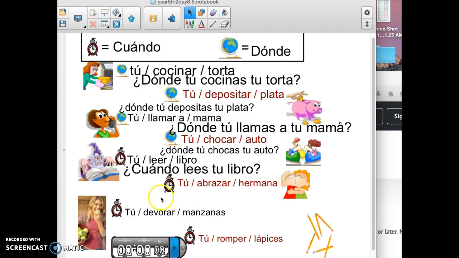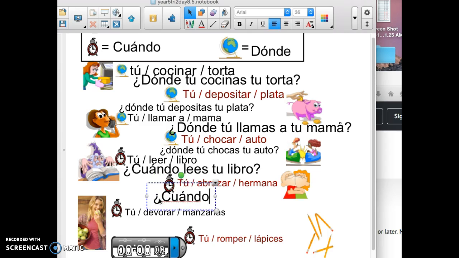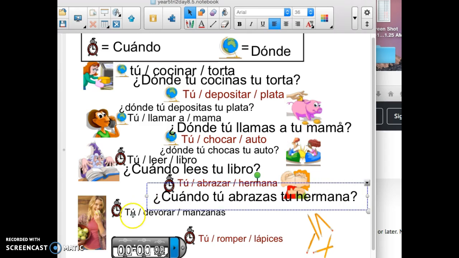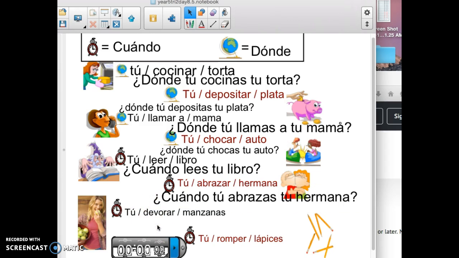Okay? When do you hug your sister? So when is cuando. Cuando tú abrazas a tu hermana. Okay? When do you devour your apples?